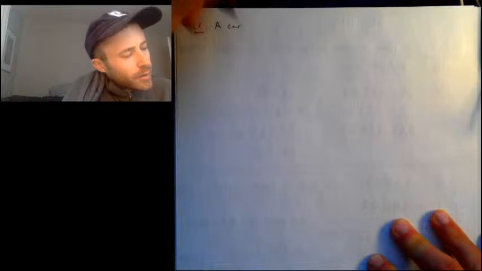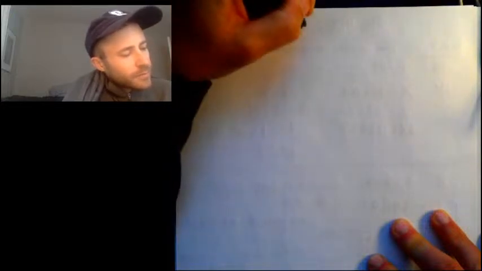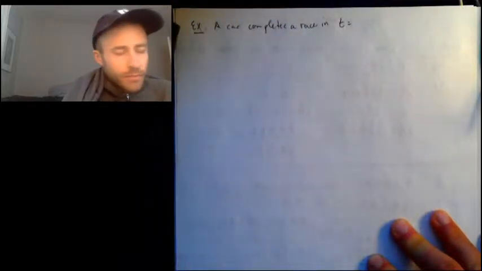All right, so let's do an example. Let's say a car completes a race in t equals 9.75 plus or minus 0.04 seconds.